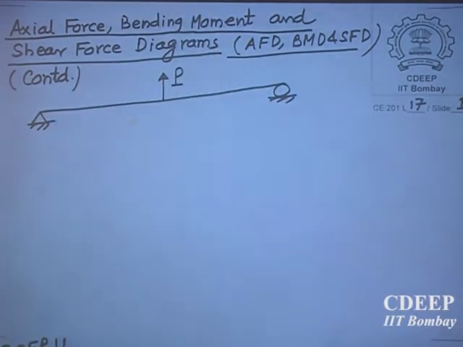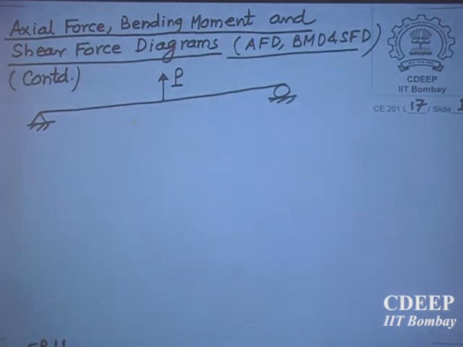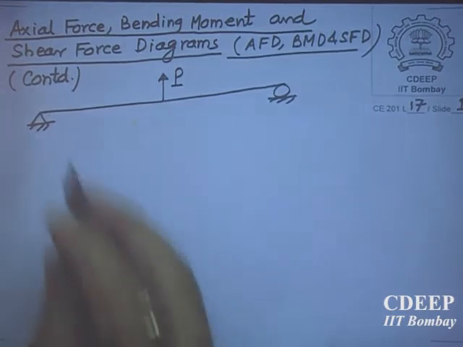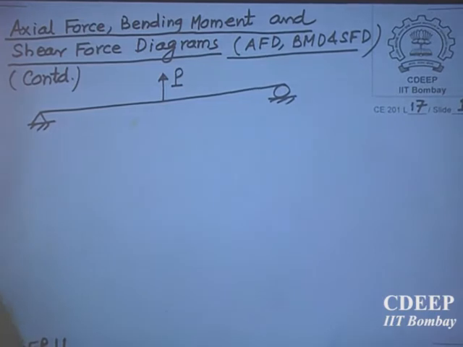Normally you will see in the book that it is given downward, but it makes no difference. Yes, it will make a difference to the sign of the bending moment and shear force diagram. The sign will change.